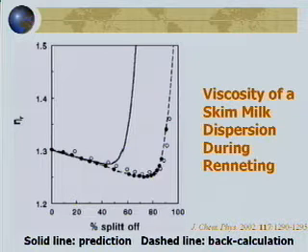So at 80% of cleavage, the viscosity starts to become very, very high, which in this case, the coagulation of casein micelle happens. So the model actually predicts the coagulation happens at a smaller amount of cleavage, which means it's less stable than what we thought.